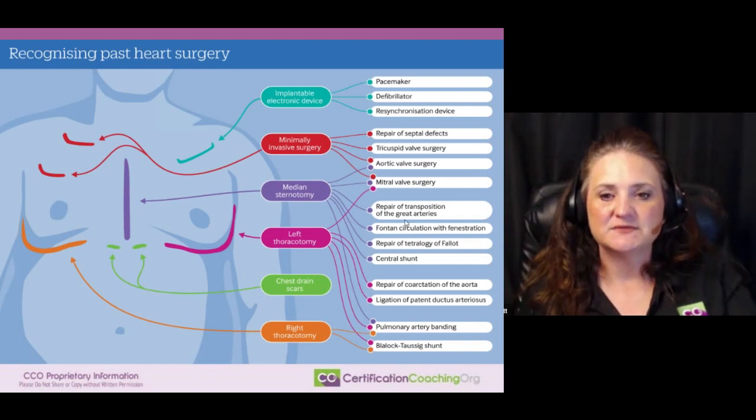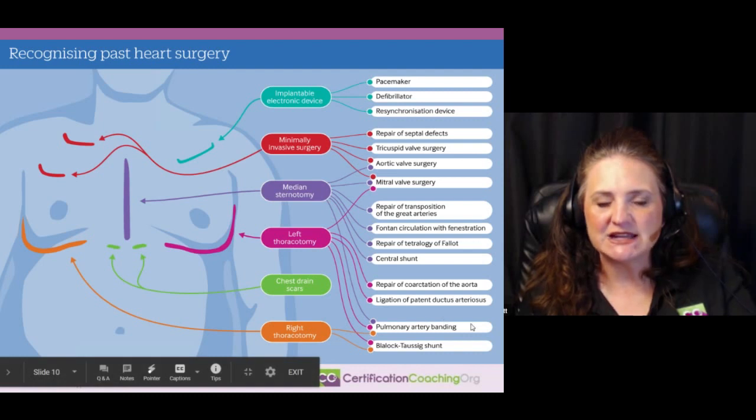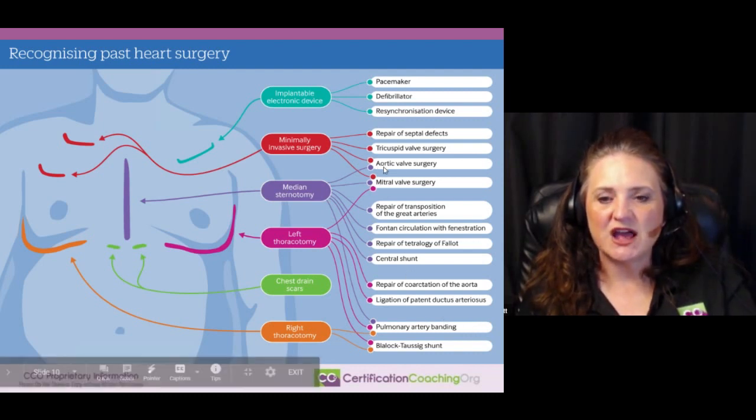Let's see, repair of transposition of the great arteries, Fontan circulation with fenestration, repair of the TOF, central shunt, pulmonary artery banding. And so, yep, all of those, aortic valve surgery, mitral, yeah.